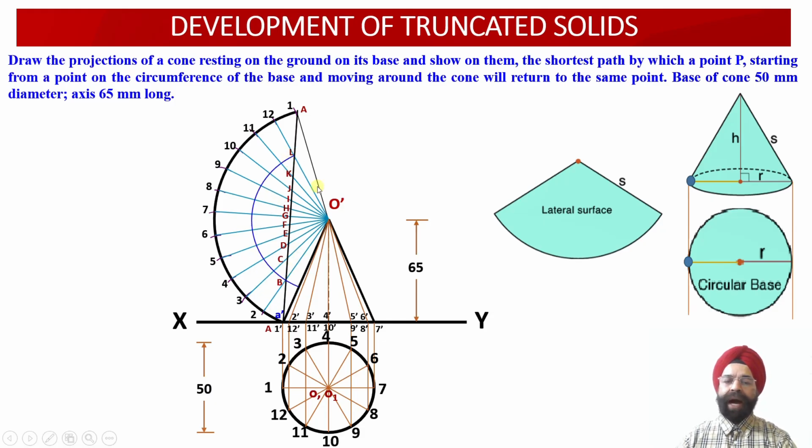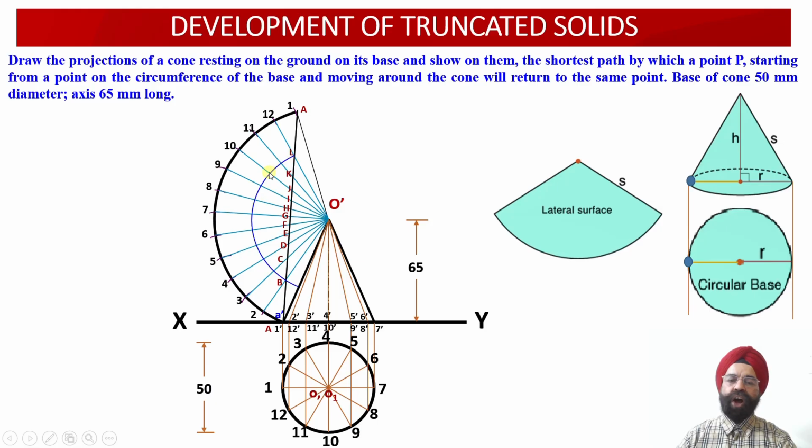We are going to mark an arc from the point O. This point O will be our center. So OL is equal to OB. Why is this equal? Because the points of intersection of the cutting plane with the coinciding slant generators O'2' and O'12' will be the same.